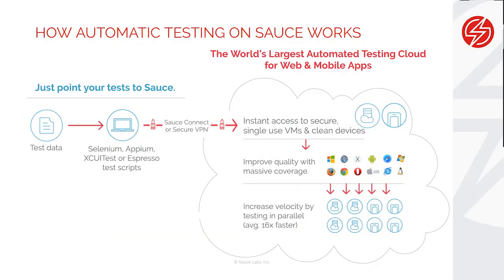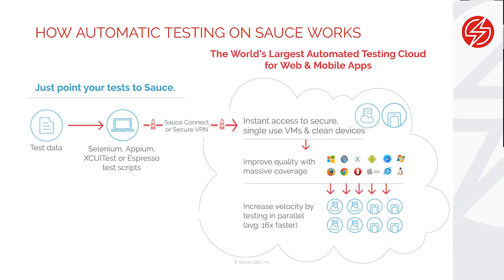The other power in using Sauce Labs is the ability for us to increase velocity by testing in parallel. So we can take our existing test script, which might run in one window in serial locally, and we can actually start testing in parallel.